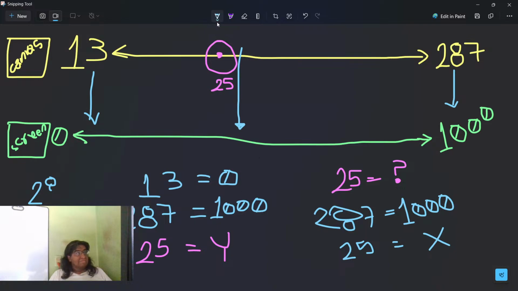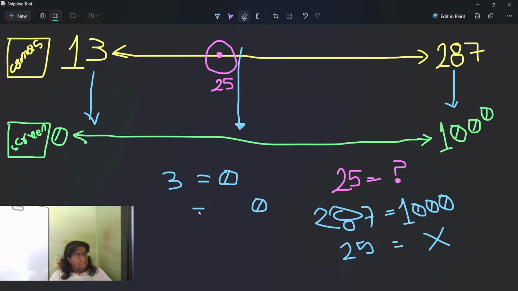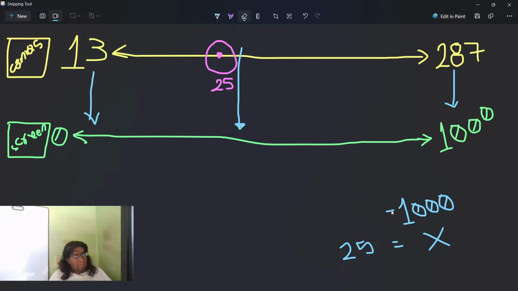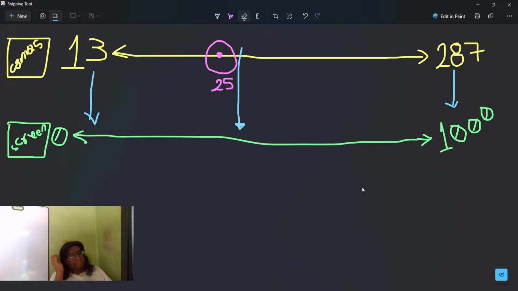Let's erase all of this. Let's see. Let's find the midpoint of this line. How can we find the midpoint of this line?